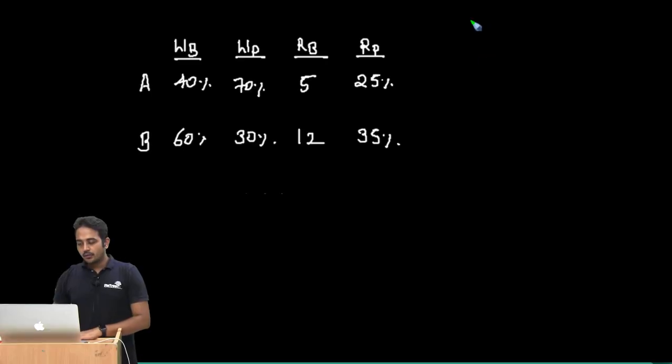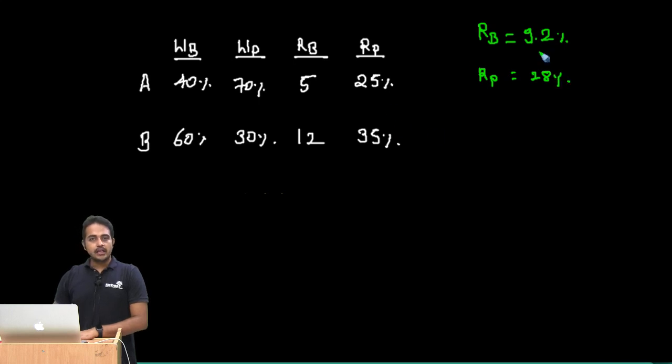The first thing that we do is calculate the return on the benchmark. So that's going to be 40% into 5, 2, and 60% into 12, 7.2, so that's 9.2. Then the return on the portfolio, 25 into 70, 17.5, and 35 into 30, 10.5, so that's 28%, which is calculated as the weighted average.